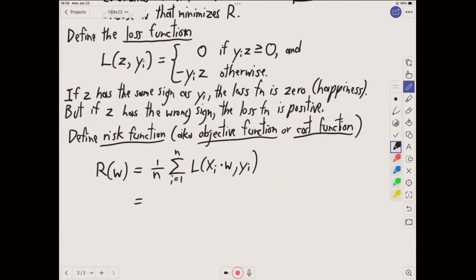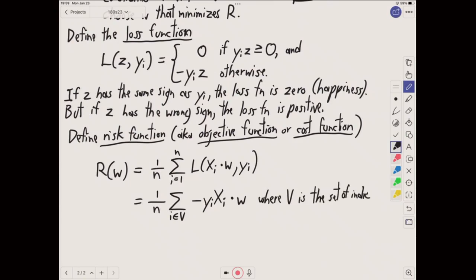Let's substitute in the value of L that I wrote above. So that's just minus yi xi dot w. I've made one other change here, though. I'm acknowledging the fact that for correctly classified points, the loss will be 0. So I only need to look at the points that are incorrectly classified when I compute this sum. V, this capital V here, is just the set of indices. We answer the question, for what values of i is it true that the point is misclassified?